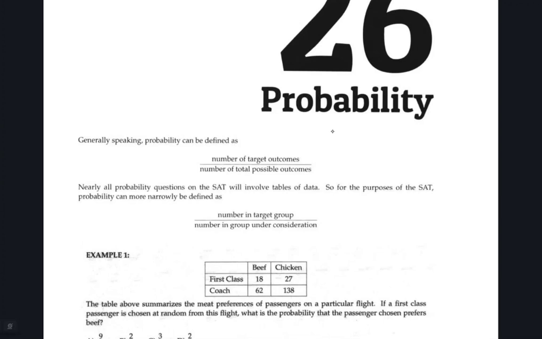So as it's written on the screen, you have a number of a target outcome.